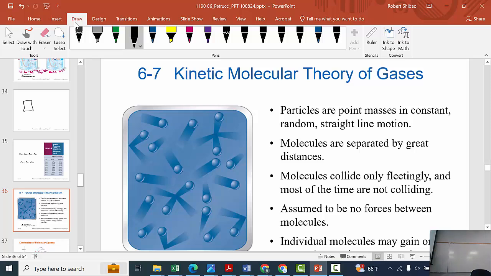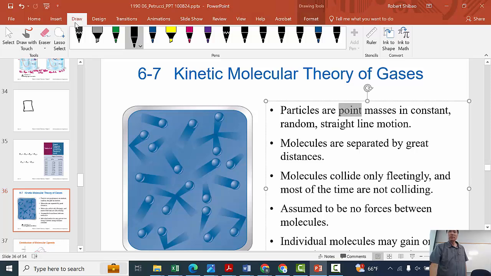Kinetic molecular theory, you just treat gases as mostly empty space in which these particles move randomly, colliding with the walls. This is kinetic molecular theory of ideal gases. The particles are point masses in constant random straight line motion. Have you ever heard the word point mass? In physics, they use this to indicate there's a single point.